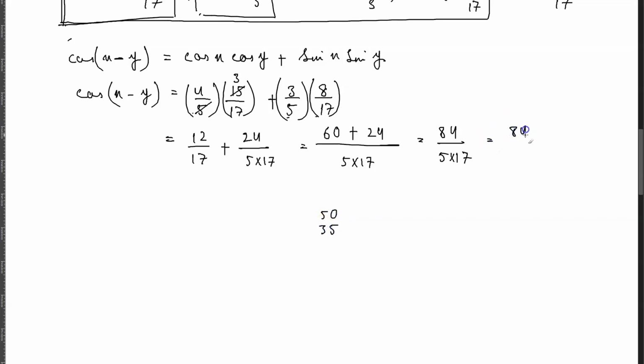So 84 by 105. I think I might have made a mistake here. 5/17 plus 3/5 times 8/17.